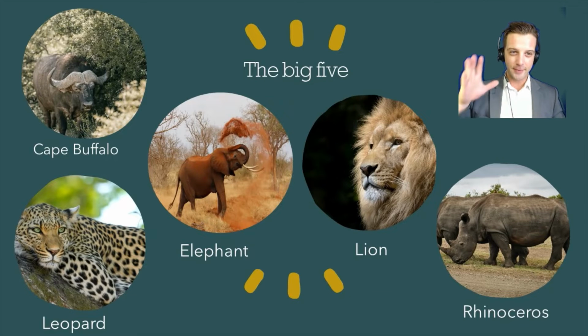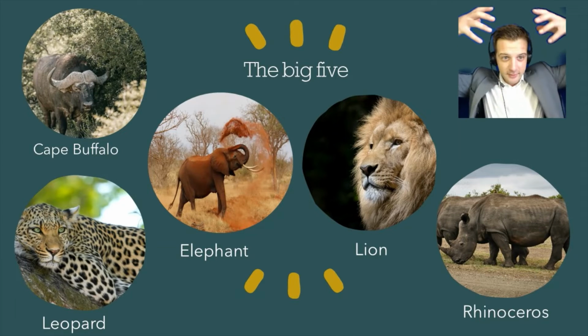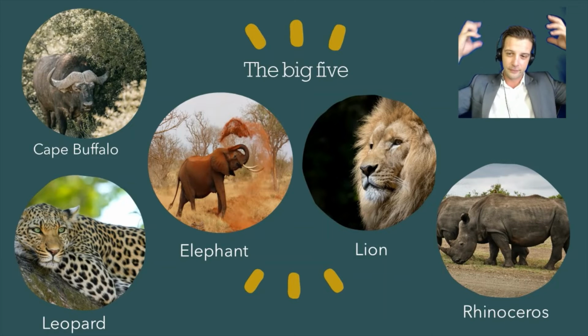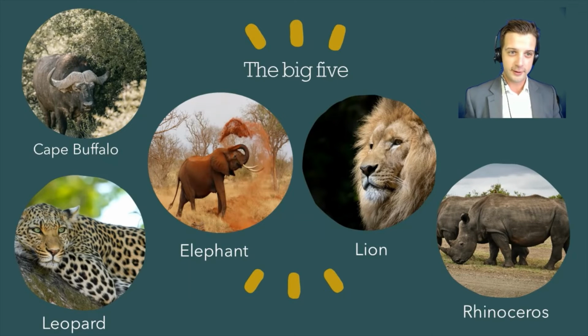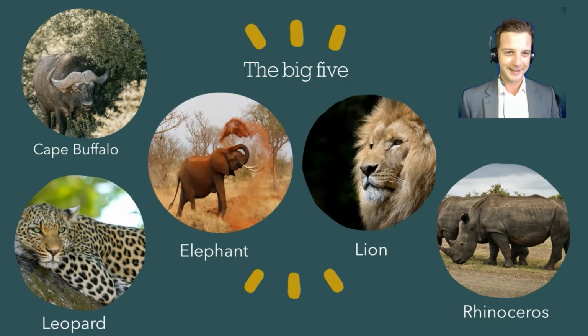Starting from the top left, we have the Cape buffalo. The Cape buffalo has a very large curved horn, as you can see, and we call the curved horn the boss, B-O-S-S, just like your boss in the company.